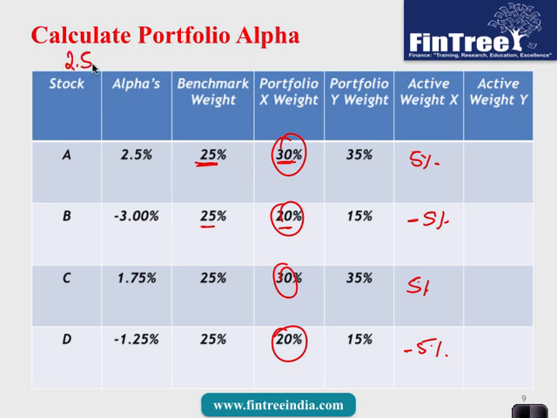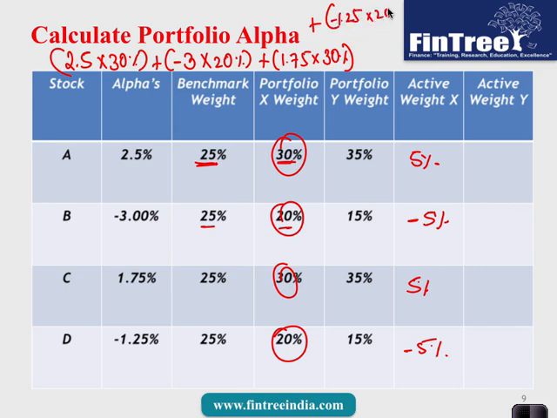So it would be 2.5 into 30% plus, please do this with me, minus 3 into 20% plus 1.75 into 30% plus minus 1.25 into 20%, just a weighted average, 0.425. So the alpha of portfolio X, which is a weighted average, is coming out to be 0.425. You got the same value, Justin?